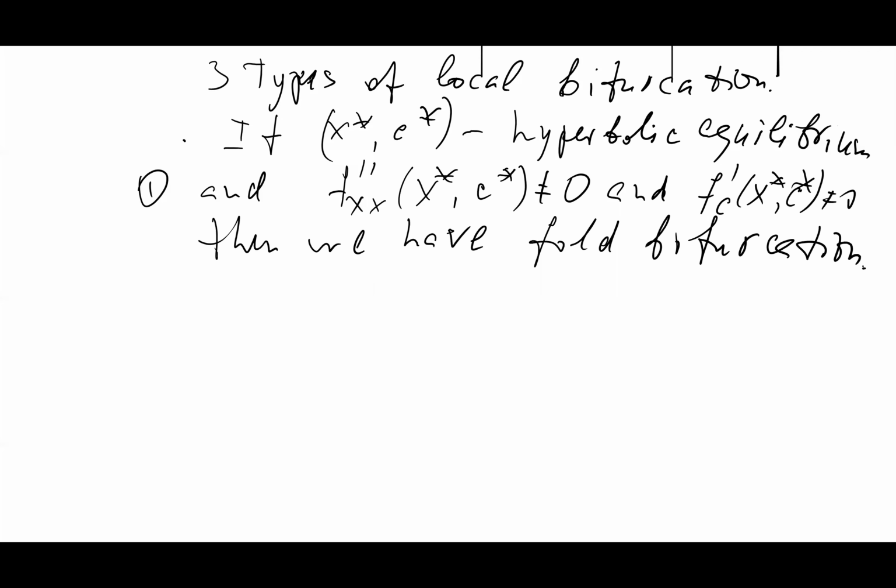So when we have fold bifurcation, it is a place where two equilibria appear, of which one is stable and another is unstable.